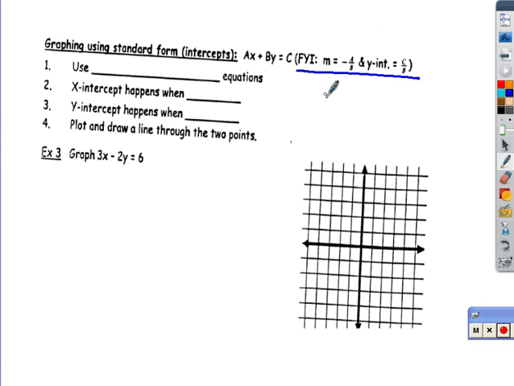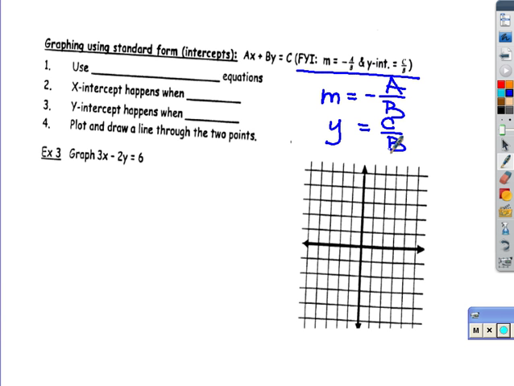I don't know if you can see it, so I'll rewrite it. m is minus a over b, and the y-intercept is c over b.